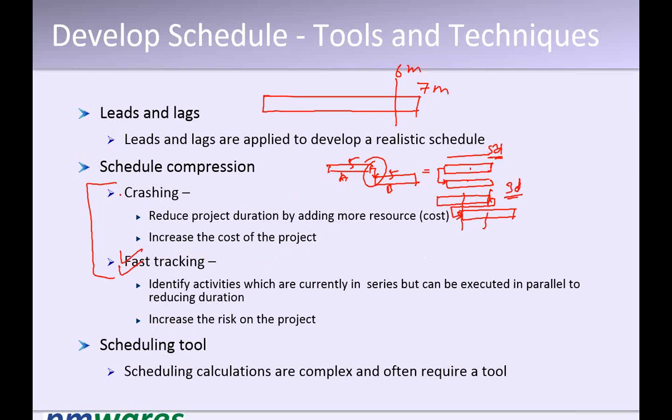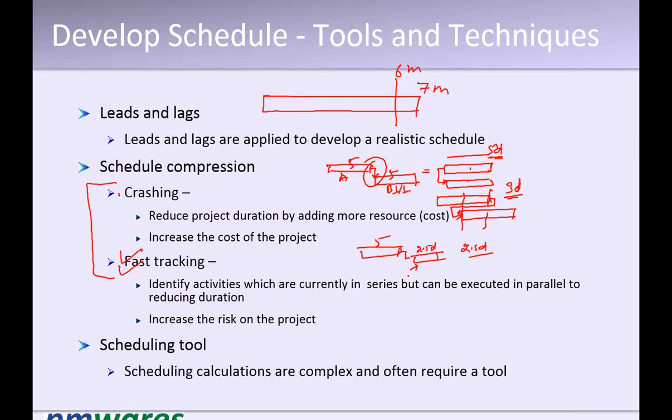What is fast tracking? What is crashing? Crashing means there was one resource on this, and I added another resource on it. So now this is 5 days, and it will become 2.5 days. So I saved 2.5 days here by adding an additional resource.